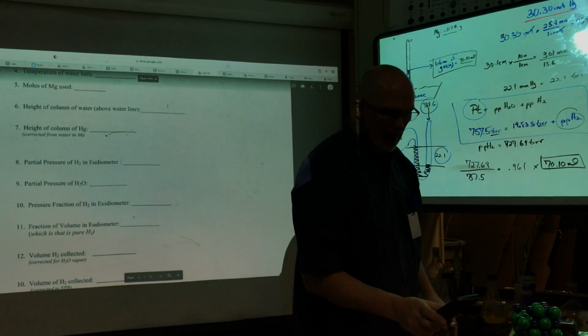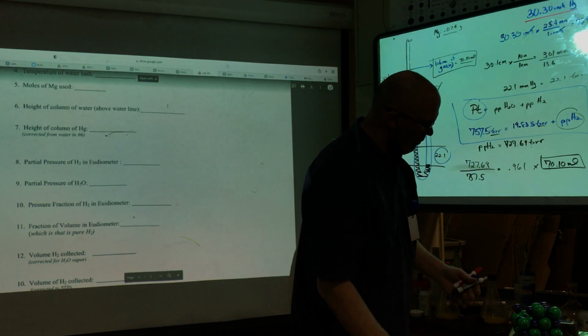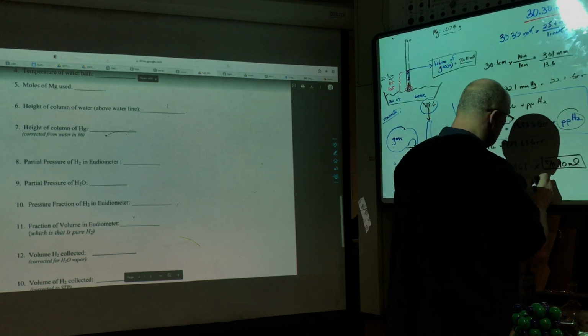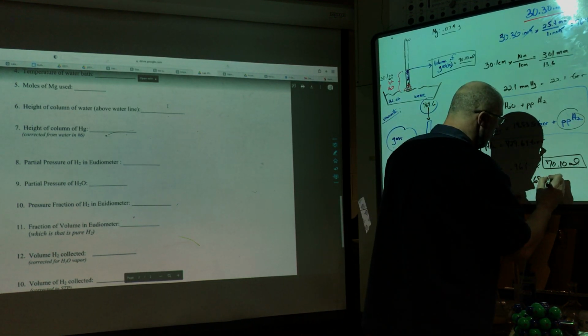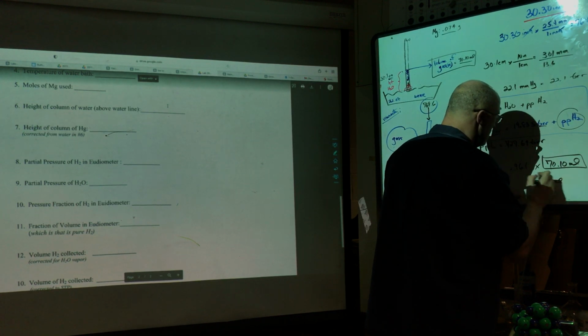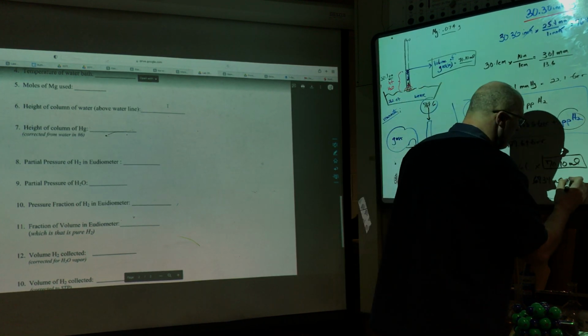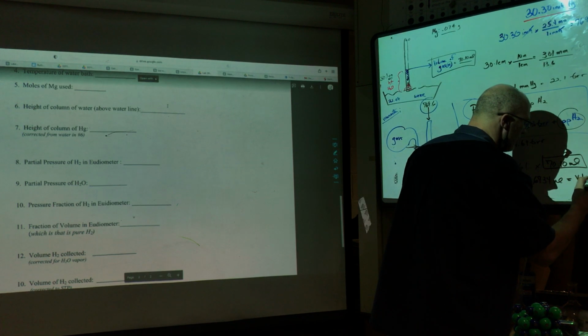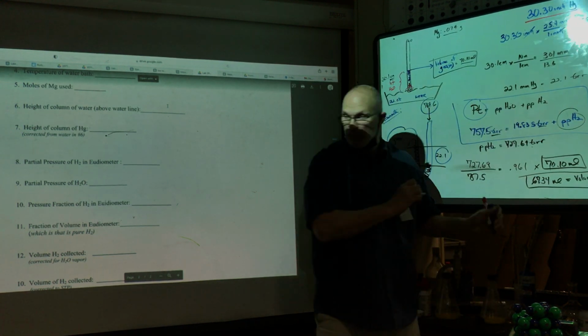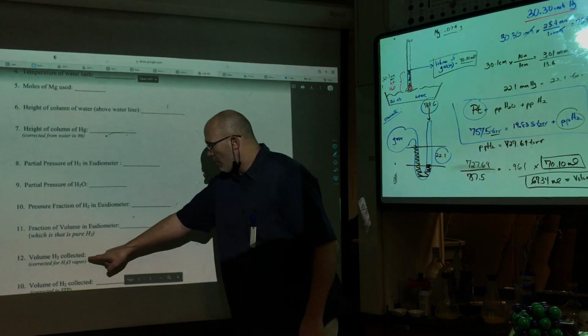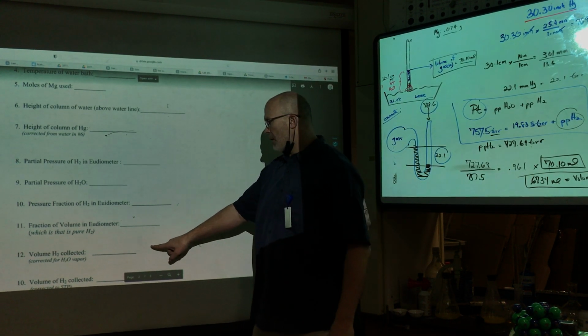Party people, that is now going to be 67.34 milliliters, and that equals the volume of dry hydrogen. And this is corrected for H2O vapor.